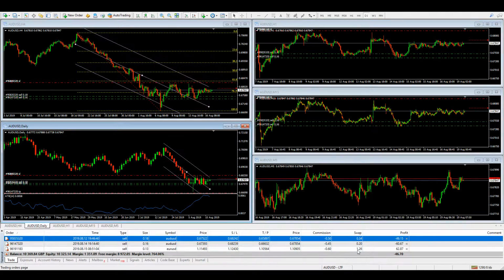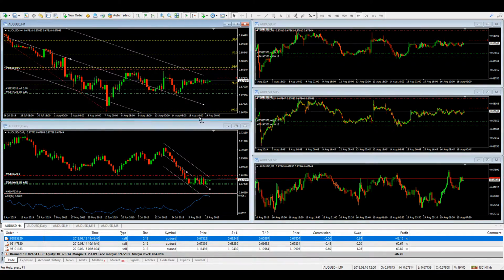Also, the swaps are favorable in that they're credited rather than debited from my account on this. So they're not hefty swaps that I need to pay to finance the trade overnight. So this is fine for shorting.